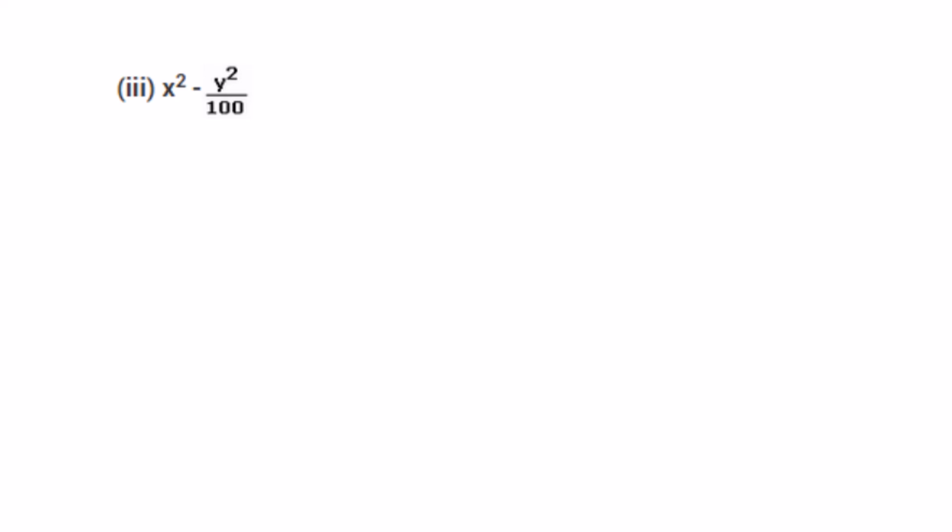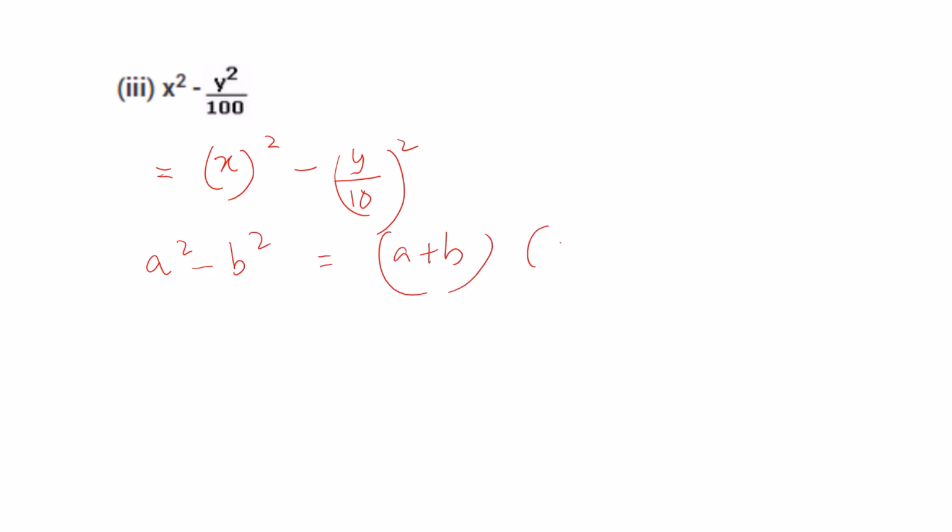Now the third one, x square minus y square by 100. We have only two terms and both the terms are square numbers. We can write it as (x) the whole square minus, in the same way, y square by 100 we can write as (y by 10) the whole square. So remember, we have studied the identity a square minus b square, which is equal to (a plus b) into (a minus b).